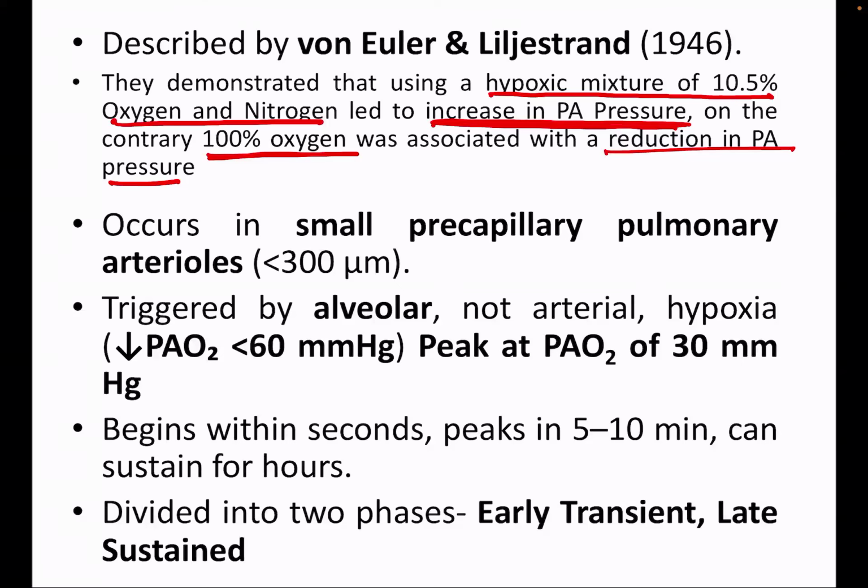HPV mostly occurs in the small precapillary pulmonary arterioles. This is very important: it is triggered by alveolar partial pressure of oxygen, not arterial.